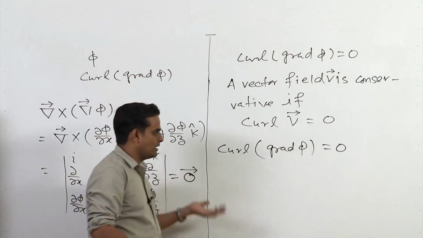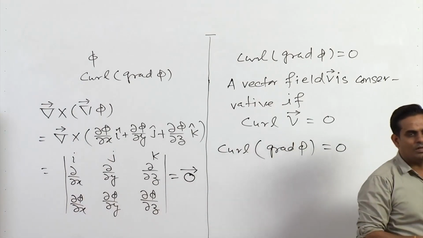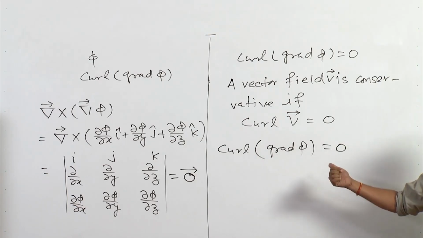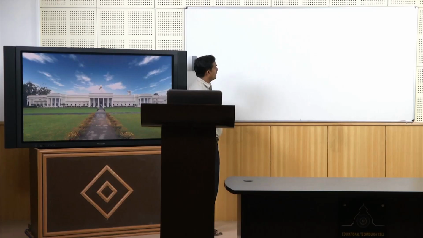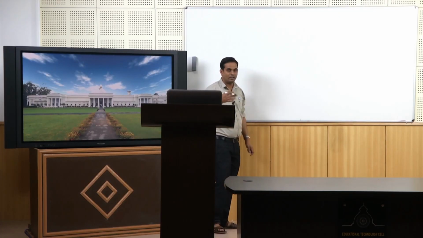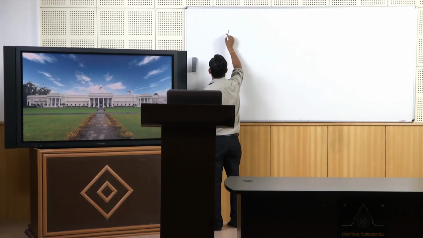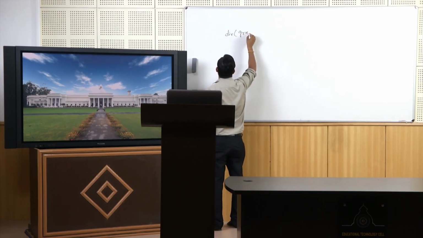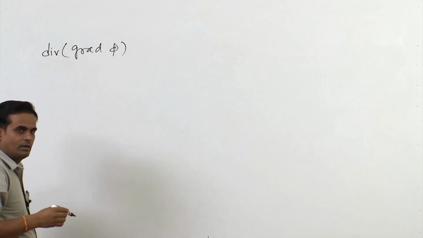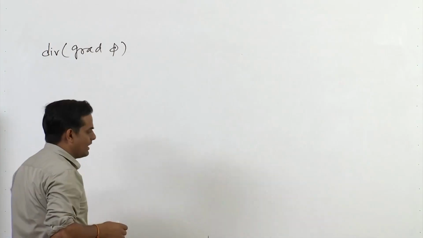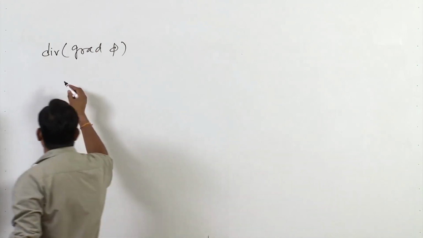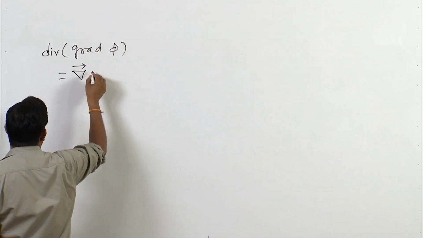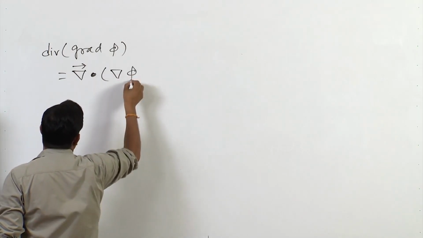Instead of finding the potential function phi, you can just calculate the curl of that vector field, and if it is 0, then the vector function is conservative. Another thing we calculated in the previous lecture was the divergence of grad phi, for a particular example. Now let us see what this is. This is the del operator dot product with del phi.